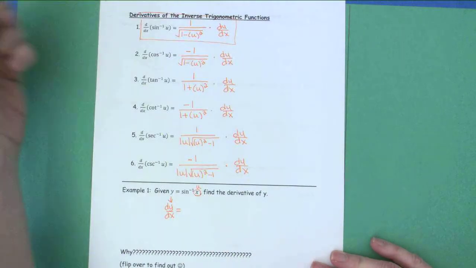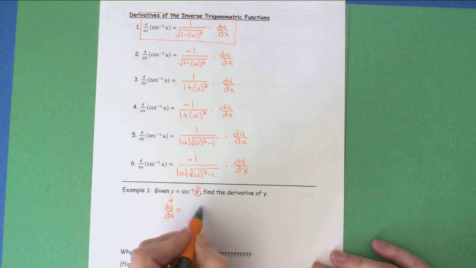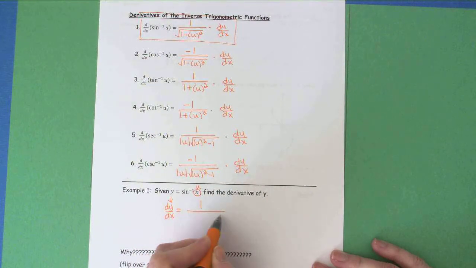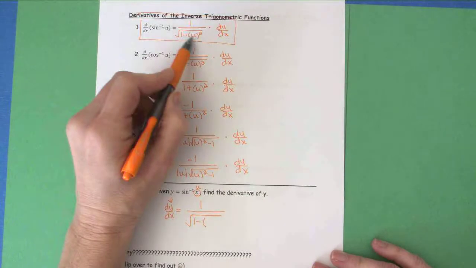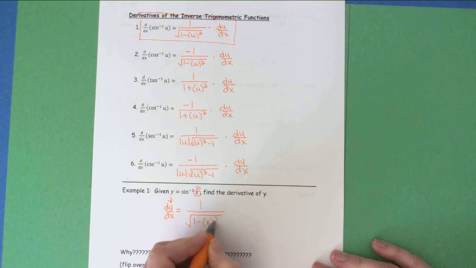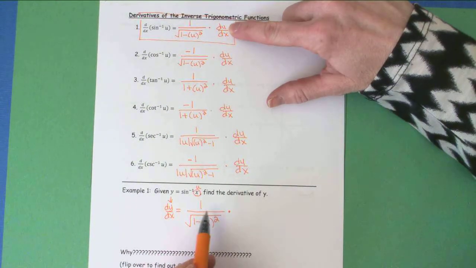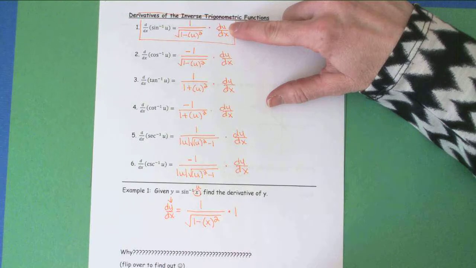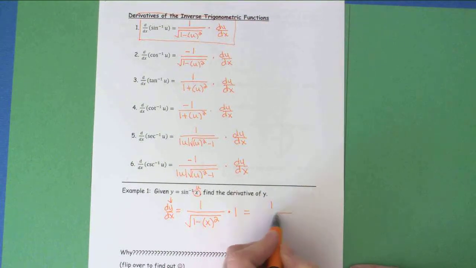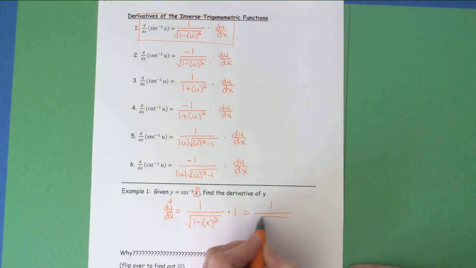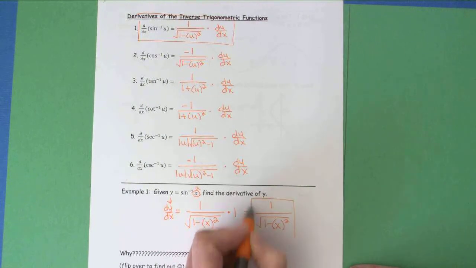The derivative of the sine inverse of u is 1 over the square root of 1 minus, now we plug our u in and square it, x squared, times the derivative of u. Well, the derivative of x is just 1. So the final answer, 1 times 1 is 1, all over the square root of 1 minus x squared. This is the answer.